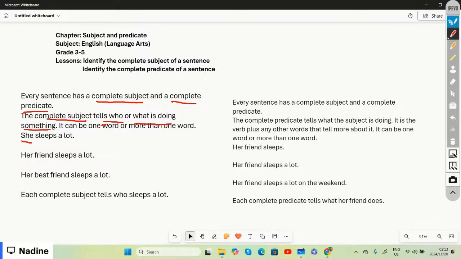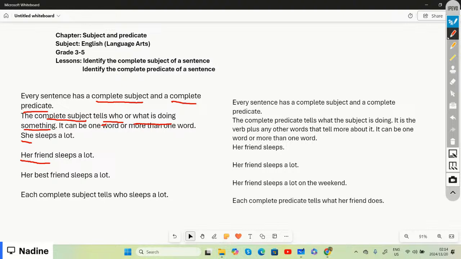Now in the next sentence, her friend is the subject because it tells us who is doing something.